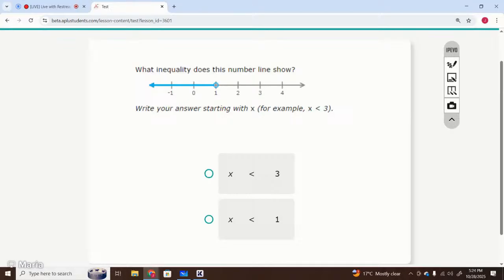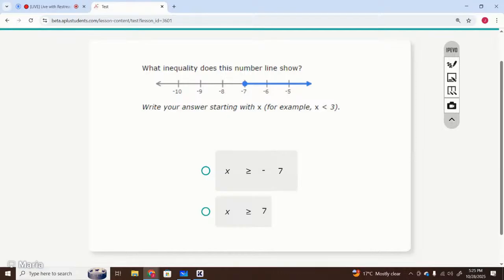What inequality does the number line show? That is x is less than 1.